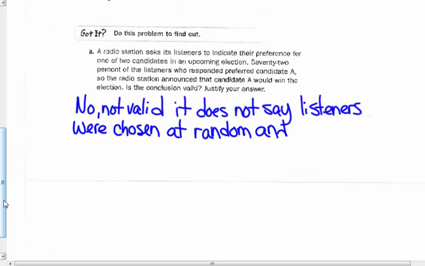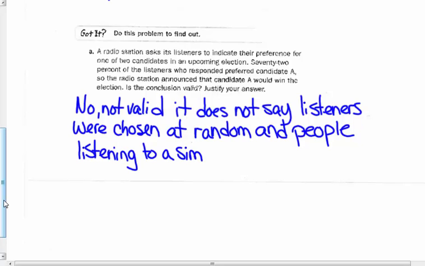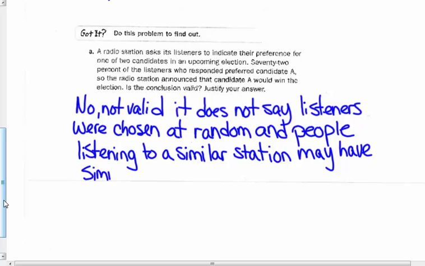People listening to a similar station may have similar political views. I don't know, but they could. The most important thing is that it doesn't say that they were randomly chosen.